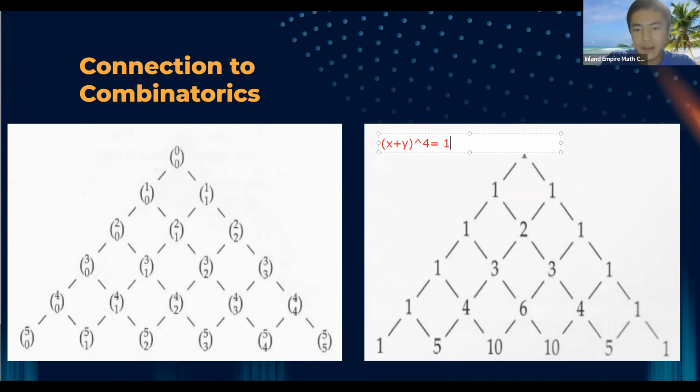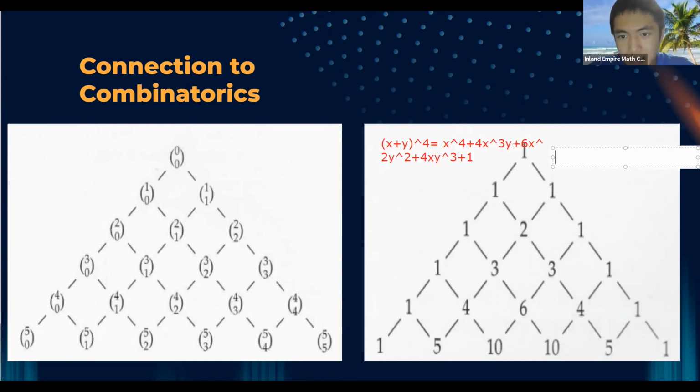So it would simply be x to the fourth power plus 4x cubed y plus 6x squared y squared plus 4xy cubed plus y to the fourth.